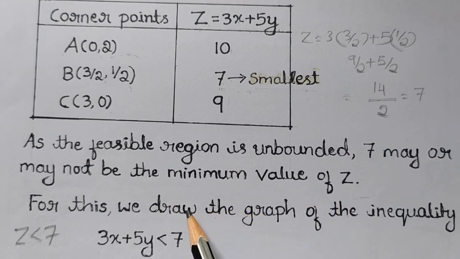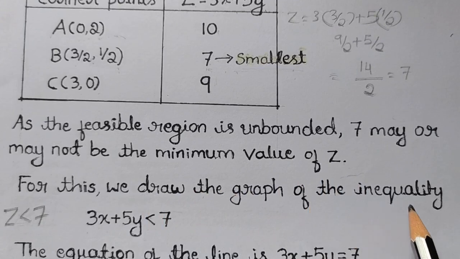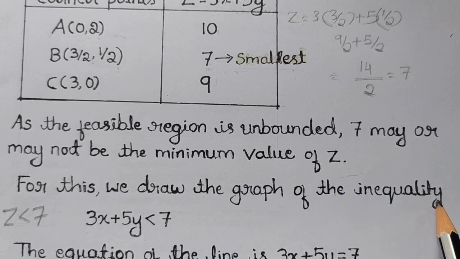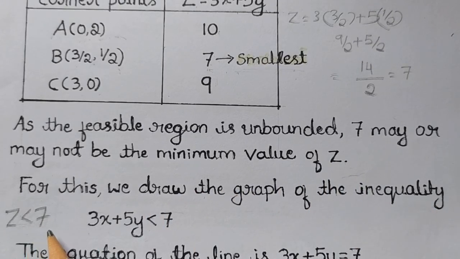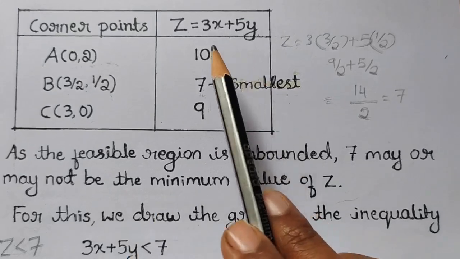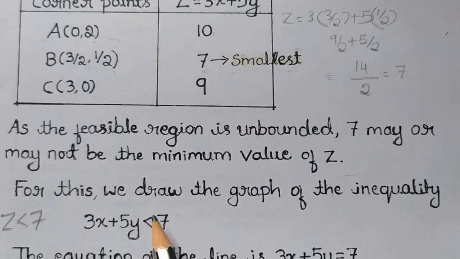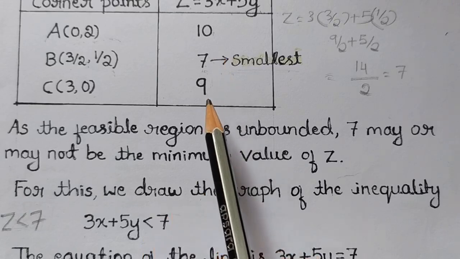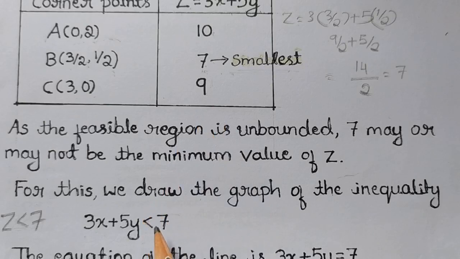To check this, we first draw the graph of the inequality. The inequality is here, z less than 7. What is z? Z is 3x plus 5y less than 7. To find the minimum value, we take the inequality sign less than, and in the RHS we write the smallest value of z obtained at the corner point.